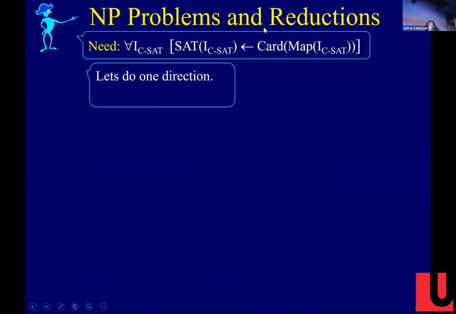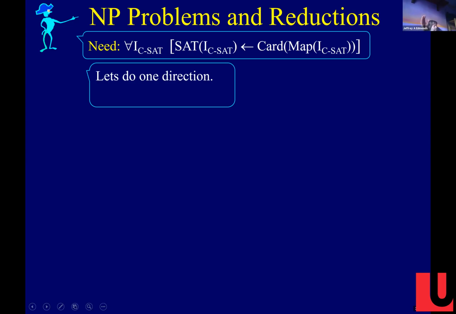So we're going to prove this: you give me an arbitrary set of clauses, you map those clauses over to a bunch of cards, and you assume that those cards are satisfiable. Then that gives me that the clauses are satisfiable.